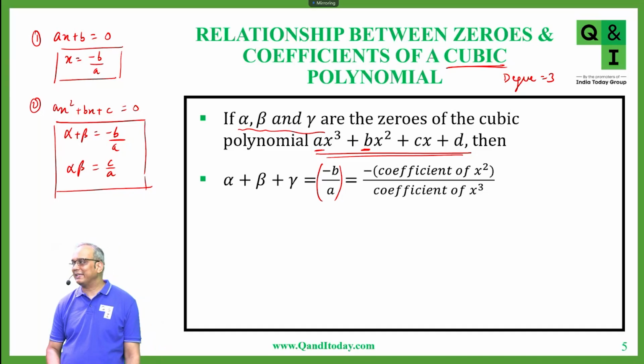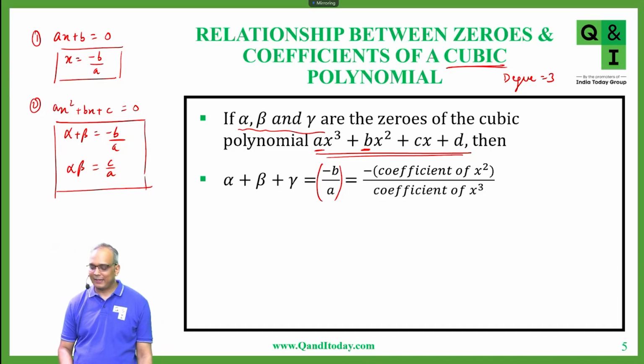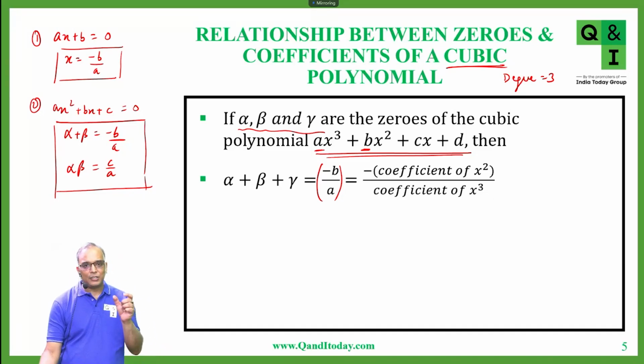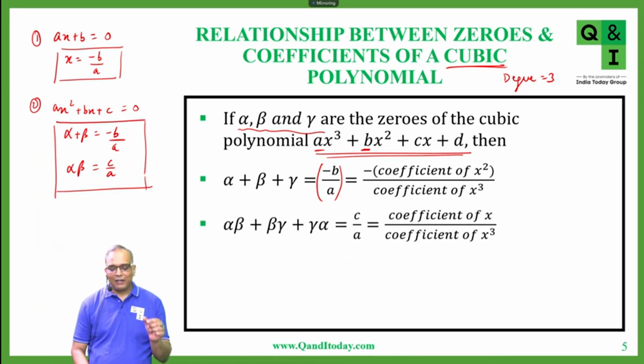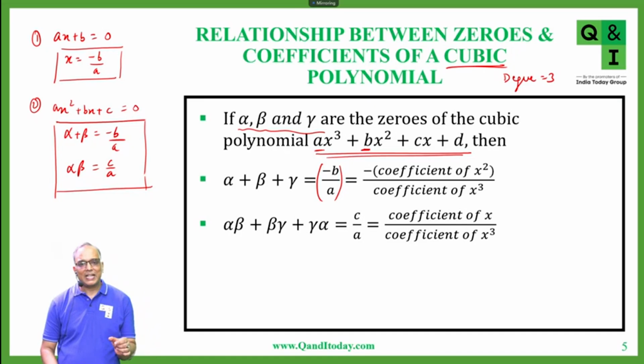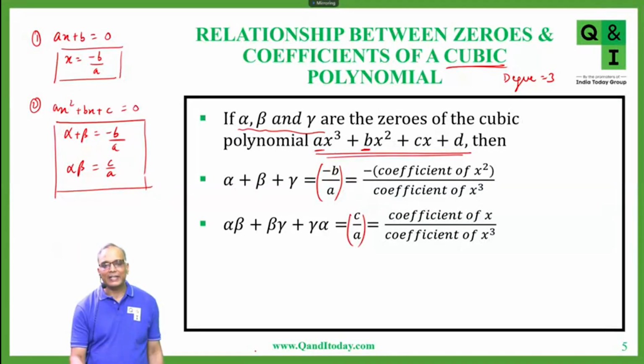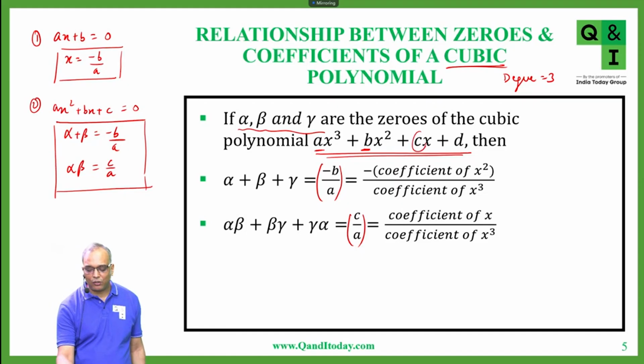So that is minus b by a, right? Now, if we take two zeros at a time, the sum of their products, alpha into beta plus beta into gamma plus gamma into alpha, is equal to c over a, that is the coefficient of x divided by the coefficient of x cube.